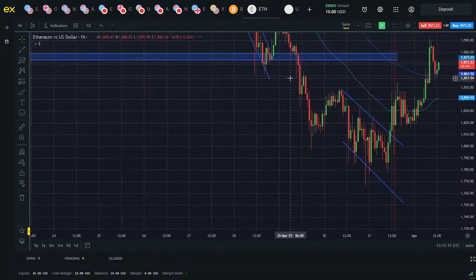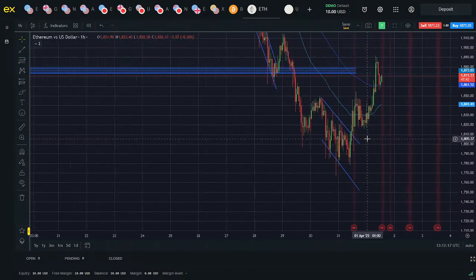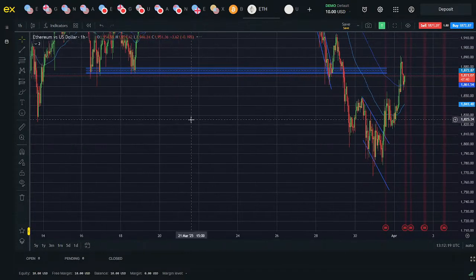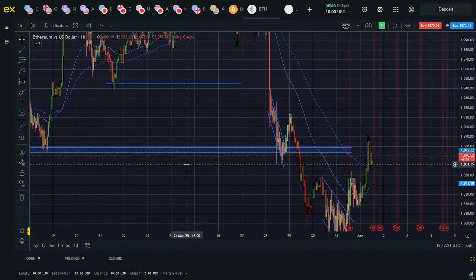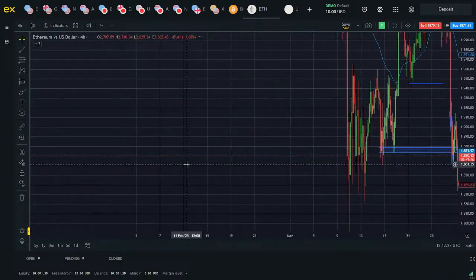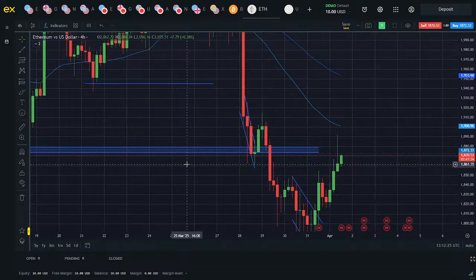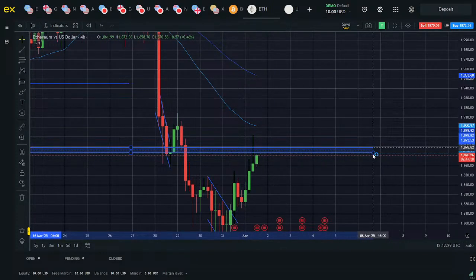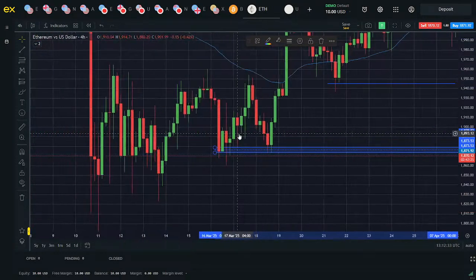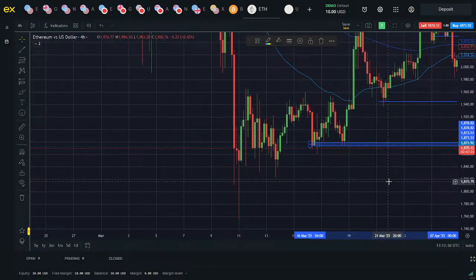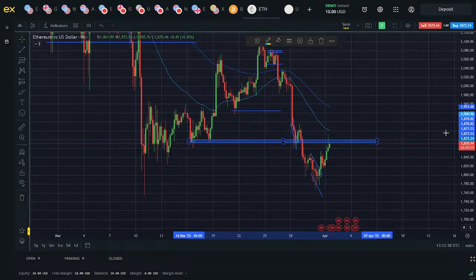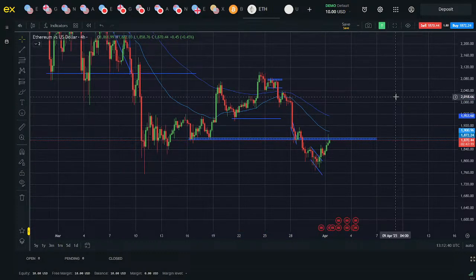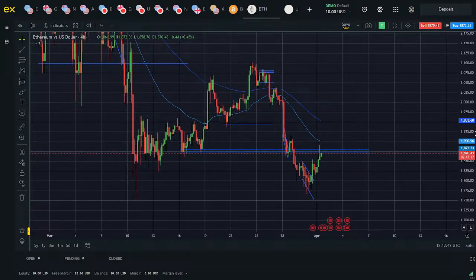And let me tell you another thing. This is all about this particular trend line that has been placed over here. Market was taking a very strong support from this trend line in previous times, as you guys can see.